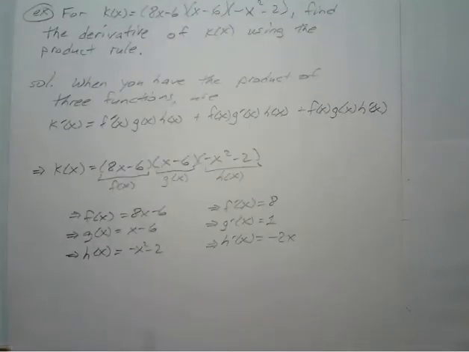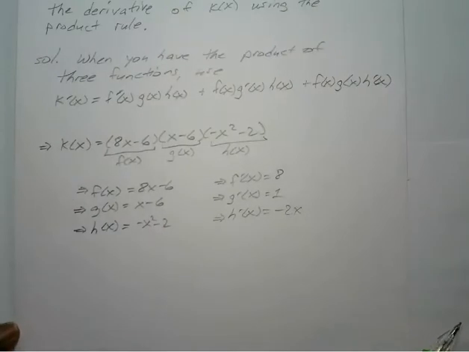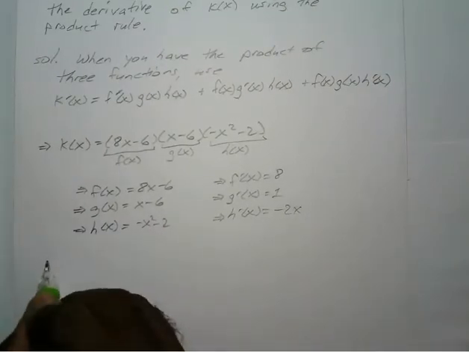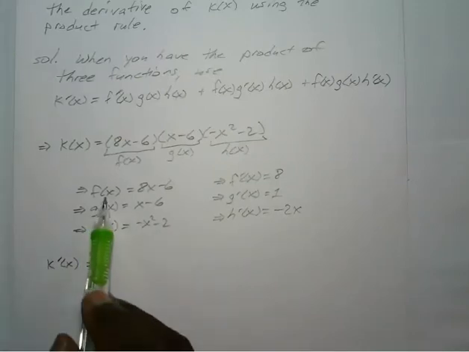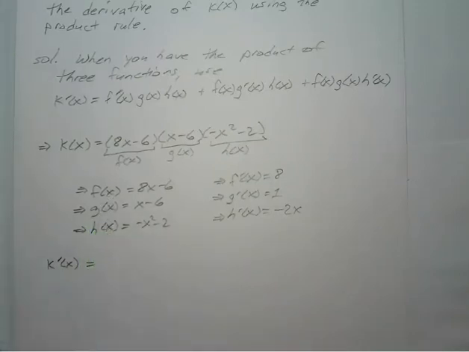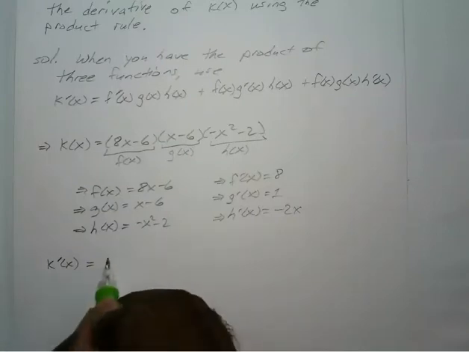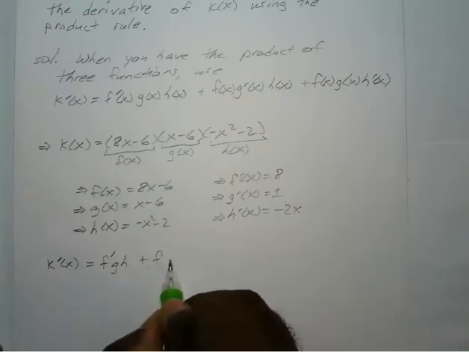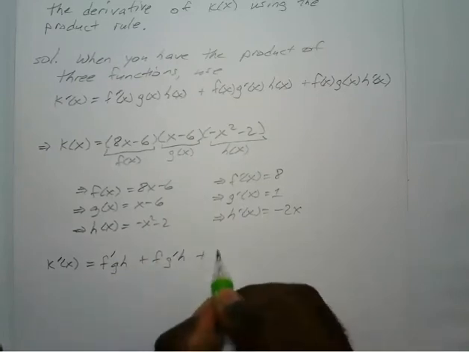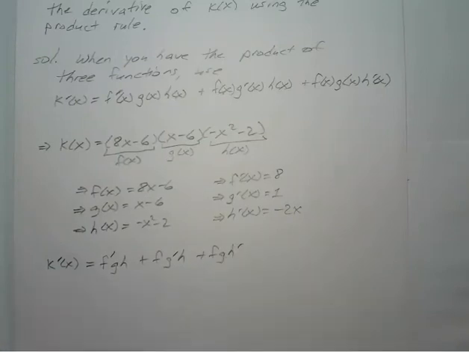Alright, so now that we have that, we just go ahead and plug it into our handy dandy little formula here. Okay, so k prime of x, and I'm just going to leave off the x's there just to make it nice and to the point. So f prime g h plus f g prime h plus f g h prime. Like I said, same thing, I just left off the function notation.